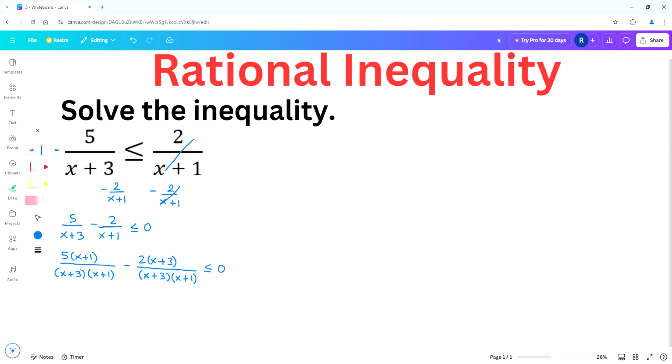Next, we can combine these fractions into a single fraction. Next, we can distribute the numbers into their respective parentheses.